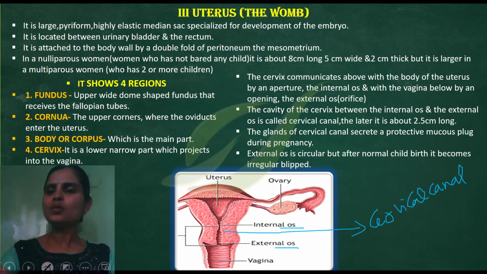It is around 2.5 centimeters long. There are certain glands in the cervical canal. They secrete a mucus called the mucus plug, which fills the canal during pregnancy. It is like a plug. This mucus plug prevents the entry of bacteria, so it protects the developing embryo and the uterus from infections.